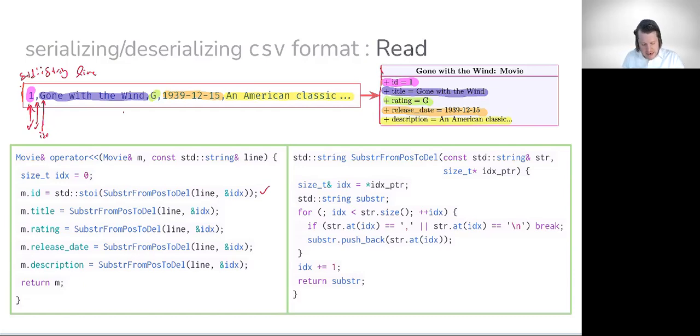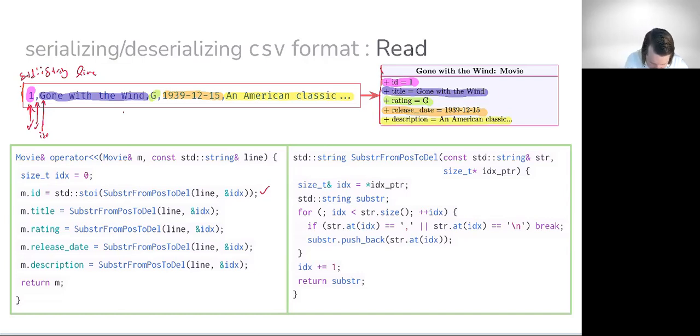So now we're going to extract the data from the second field. We want to populate our movie's title field. So we call substring from position to delete with line and IDX.